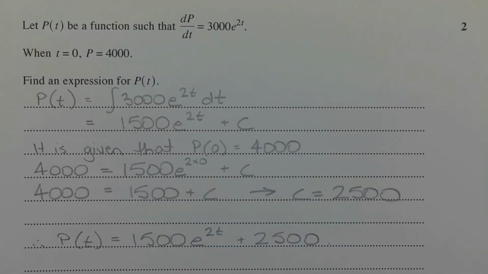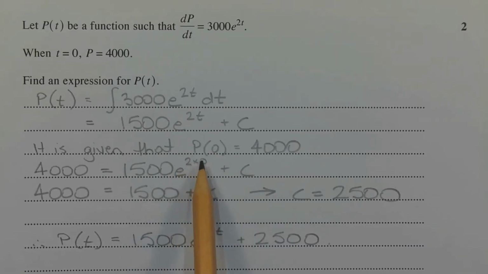Let's apply the boundary condition. It is given that P of 0 is equal to 4000. Substituting 0 for t into this expression and 4000 for P of 0, we end up with this equation: 4000 is equal to 1500 times e to the power of 2 times 0 plus the constant of integration c.